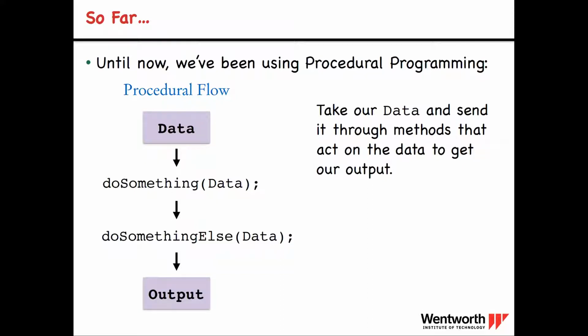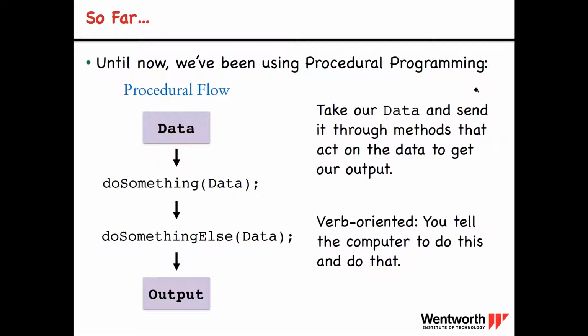There's nothing wrong with this style of programming when that's really what you need to do. Take some data, do something with it, and get some output. And typically that means setting it through some methods and all that sort of thing. So it's really verb oriented. You tell the computer, do this, do that, and then print out the results.